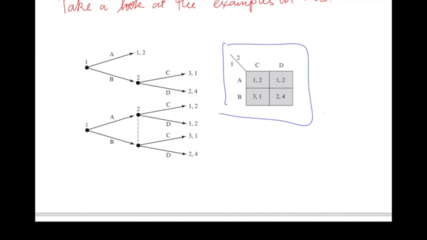But if you start with this normal form game, you could end up with either of these extensive forms, and they're both extensive forms that correspond to the same normal form. So in other words, there's always a unique normal form that represents the equivalent game of an extensive form, but the converse is not necessarily true.